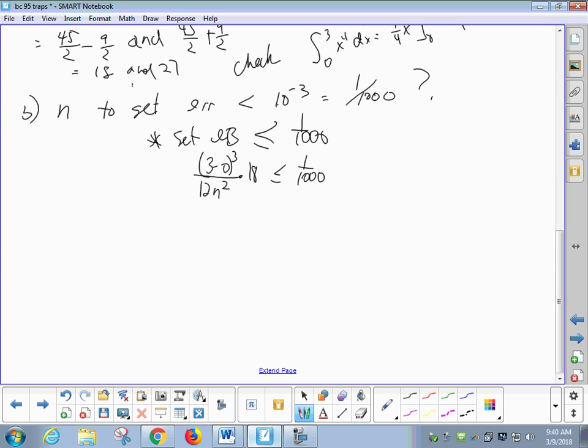You follow? If I solve this for n squared, how would you go about that algebraically? Probably multiply it over there and move the 1,000 over. So maybe 3 cubed times 18 times 1,000 in the numerator over the 12 that stayed there. Do you agree? Go ahead and pick up your calculator, please, and give me a decimal.